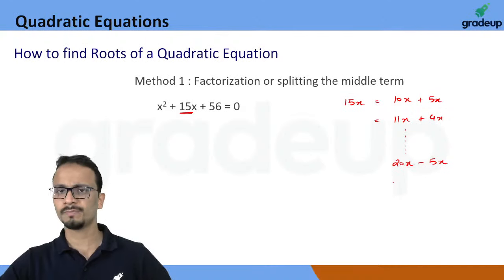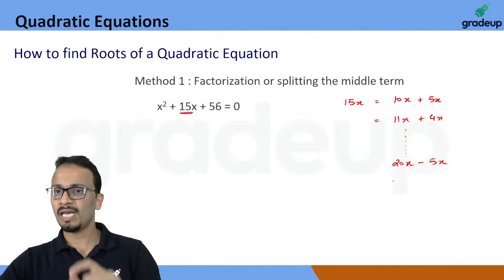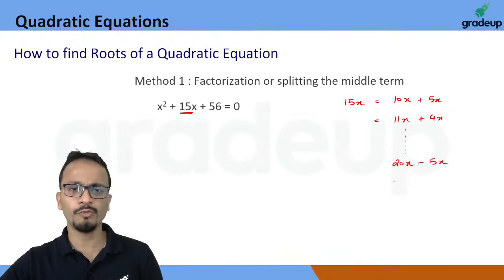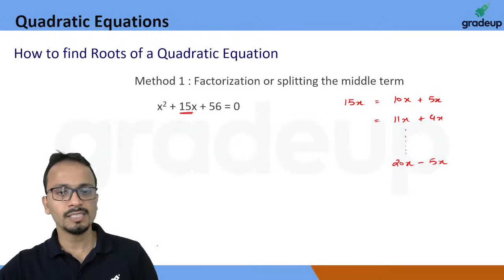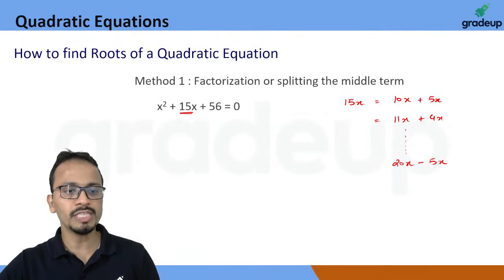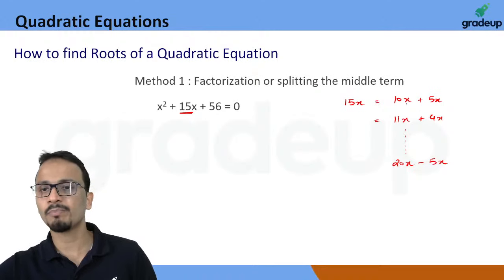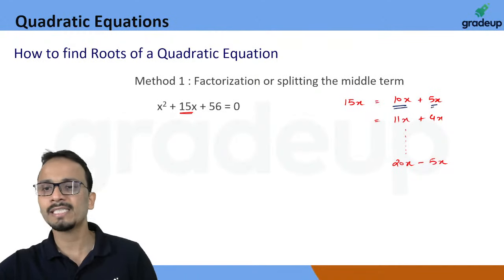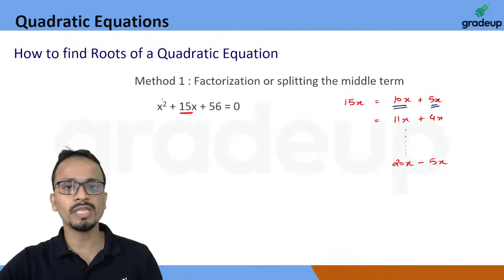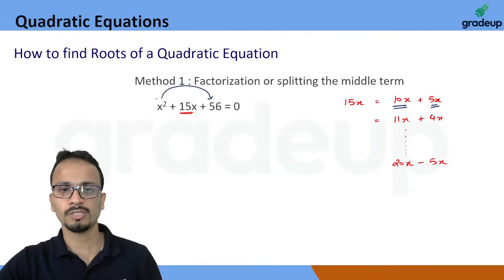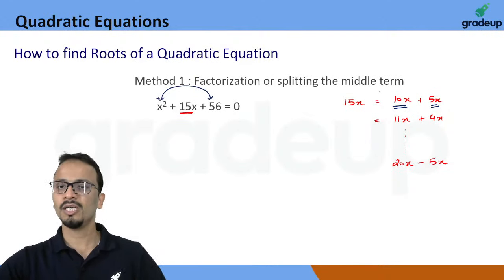of any two terms. Now we have to select, out of these ways, the way such that the product of these two terms, 10x and 5x, matches with the product of the extremes, right?